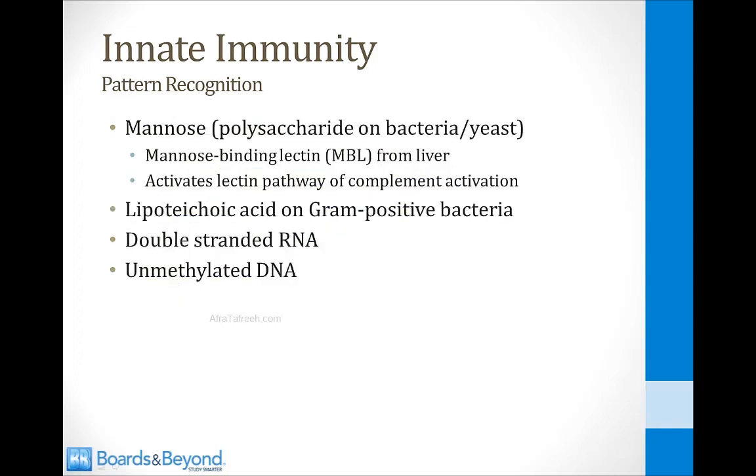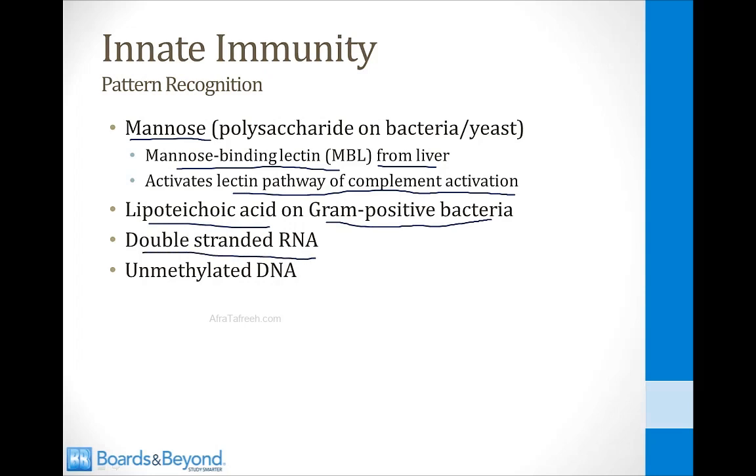Other patterns that are recognized by the innate immune system include mannose. Mannose is a polysaccharide found on bacteria and yeast. And there is a protein in the body called mannose binding lectin that comes from the liver. And once it binds to mannose, this can activate the lectin pathway of the complement system, which we'll talk about in another module. Another pattern recognized by the innate immune system is lipoteichoic acid. These are proteins found on gram-positive bacteria.